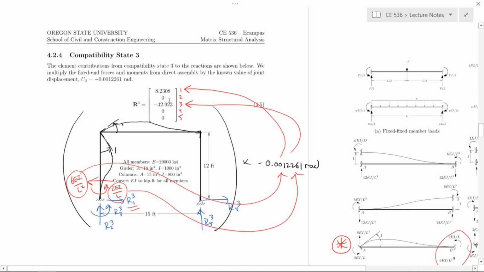All right, so the next 4 compatibility states, I'll just go through on mute and they'll be sped up. It's very repetitive type work.